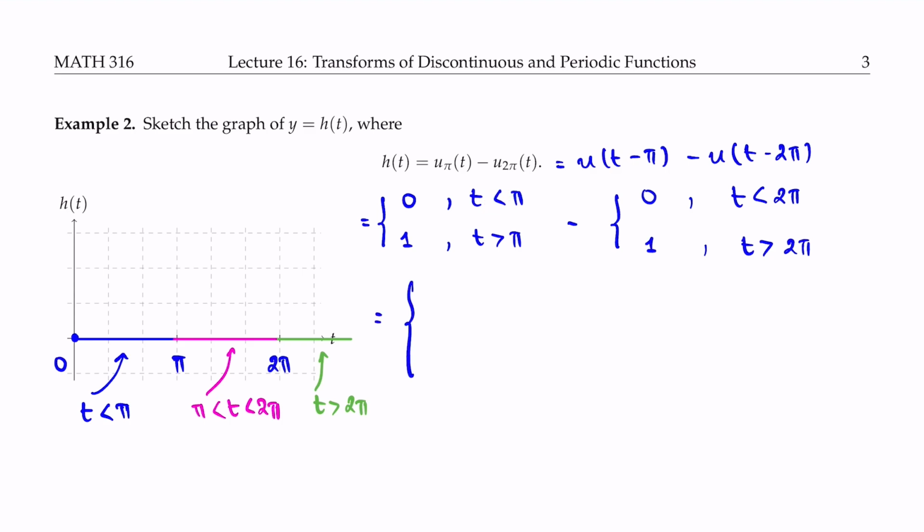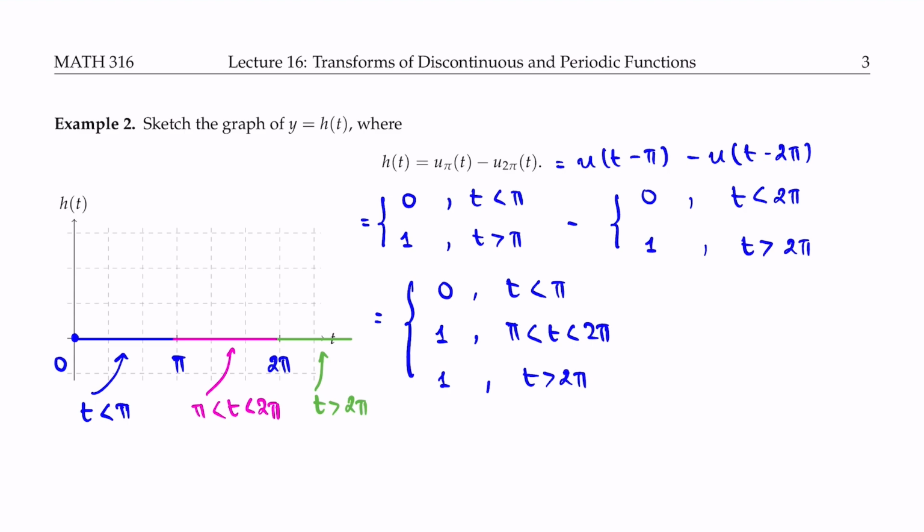When t is less than pi, the function is equal to 0. In the interval between pi and 2 pi, the function is going to be 1 because t is greater than pi. And in the interval when t is greater than 2 pi, the function is also equal to 1. You follow how I get these three intervals and the functions? Any questions on that?